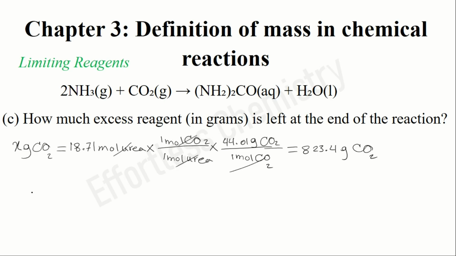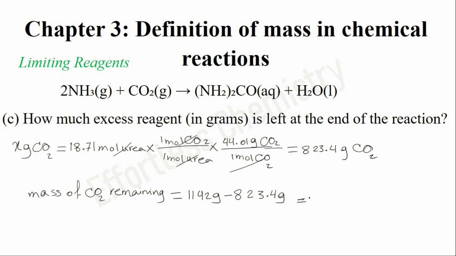So for finding the mass of carbon dioxide remaining, I need to subtract the amount that has been consumed to produce urea, 823.4 gram, from the initial amount of carbon dioxide that the question gave us, which was 1142 gram.